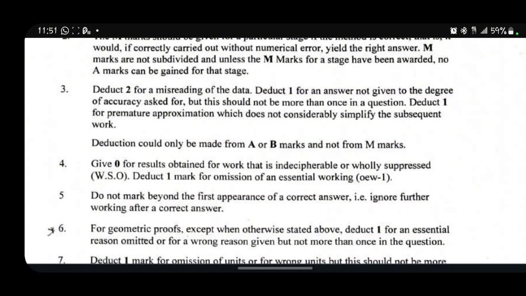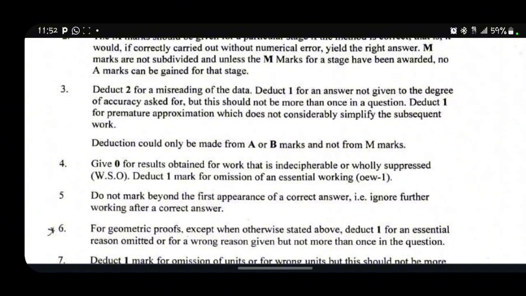If you misread any data that have been given to you, maybe from a diagram, and while you are trying to solve it, you wrote something else, then you would lose 2 marks because you have misread the data. So the student that misreads some of the data given is going to lose 2 marks for misreading of the data.